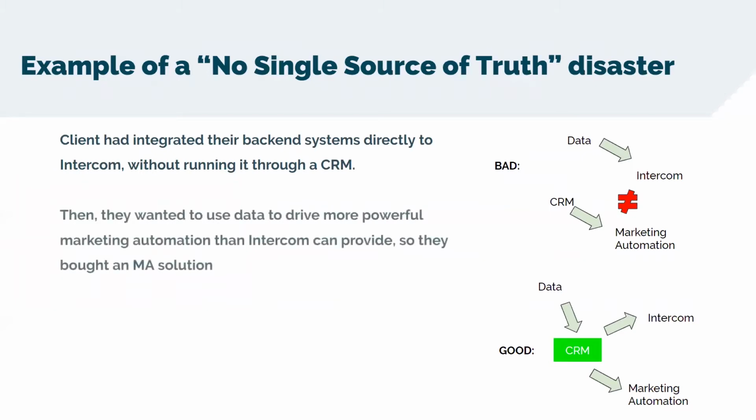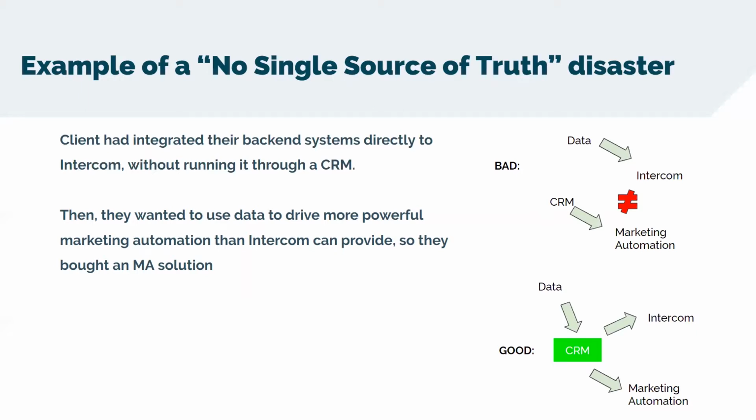So I'll give you an example of a no-single-source-of-truth disaster that we worked with. Our clients had integrated their backend system, so they were tracking data in a custom proprietary backend, and they'd integrated their data directly with Intercom.